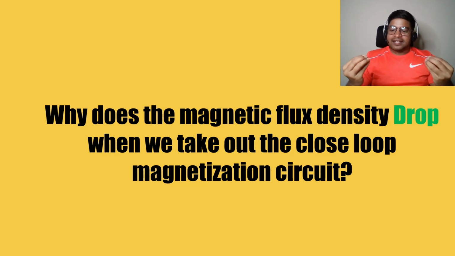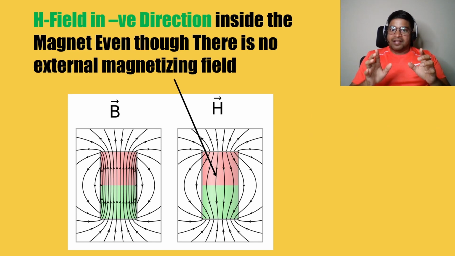The second thing, when you have gone through the BH curve, there you might have seen H is directly proportional to the current value that you applied. In other words, you have always seen H as the external field which is generated only by the circulation of current. But you will get surprised here.